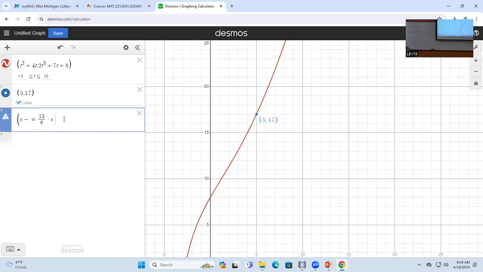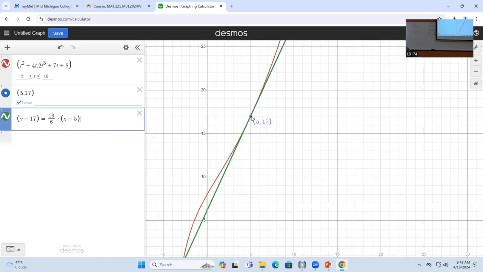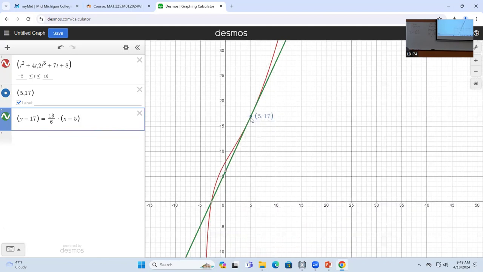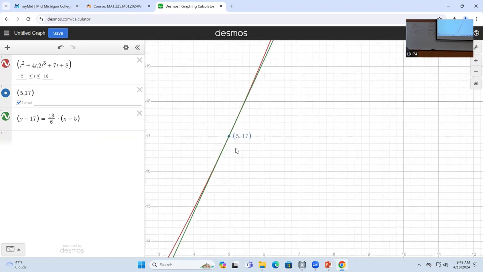So if I do y minus 17 on this side, and on the other side, instead of doing the b, I do x minus 5, we get that as our tangent line. This green one. And sure enough, it does look like that green tangent line is the correct line. It goes through (5, 17). It looks like it's going in the same direction and at the same rate, at least at that point.